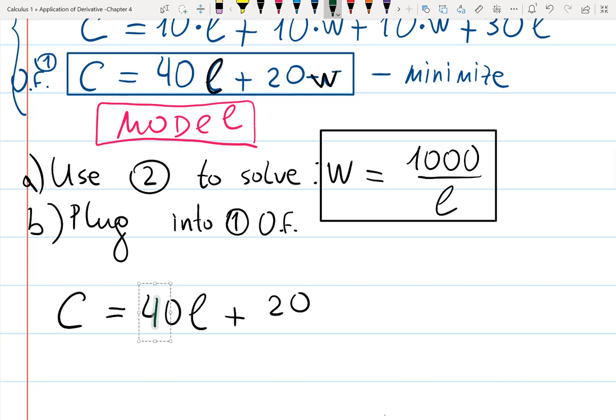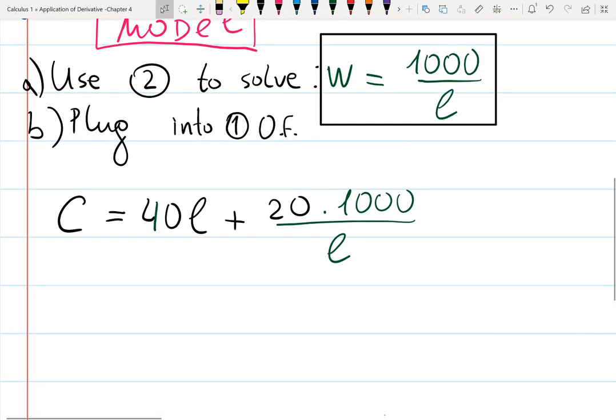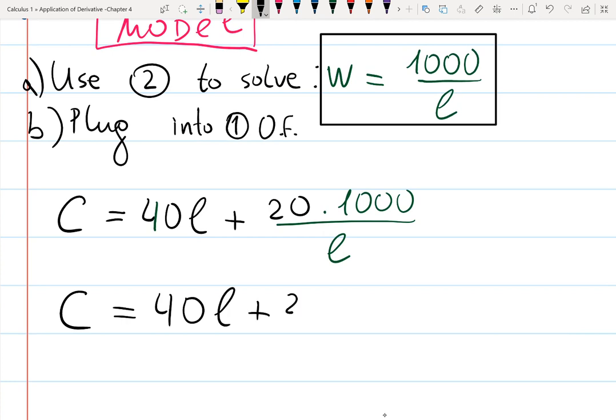But W now in green color, here it is, in green color, will be 1000 over L. To simplify, C now becomes 40L plus 20,000 over L. And I want to minimize this.